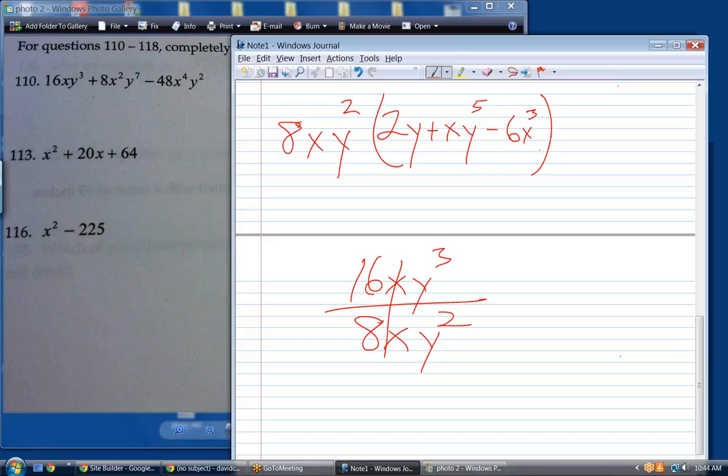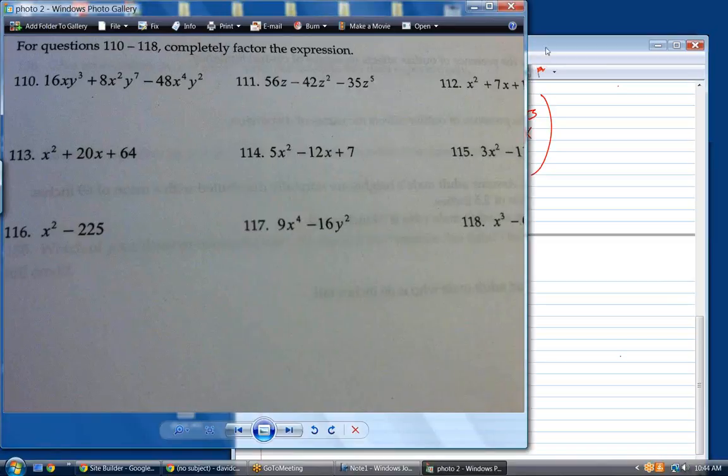And then that's it, because the y's cancel out. So that's the answer. That's all it is: finding the greatest common factor and then dividing that expression into each term, for each one.